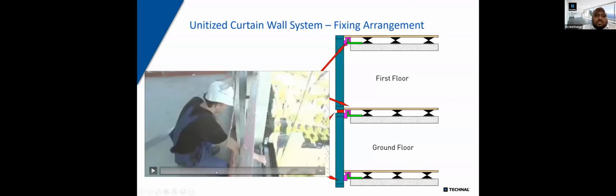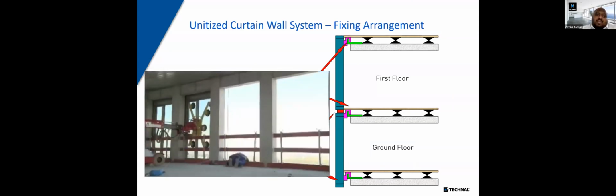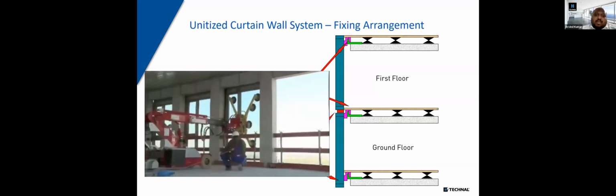A small video to show how the unitized facade is installed, especially when you have a complex window unit and you have some kind of columns coming everywhere. We use robotics to help assist in taking those panels outside and installing them right from inside. Once again, as you see here, absolutely no need for any kind of formwork.